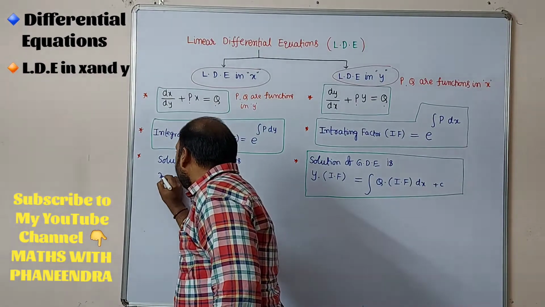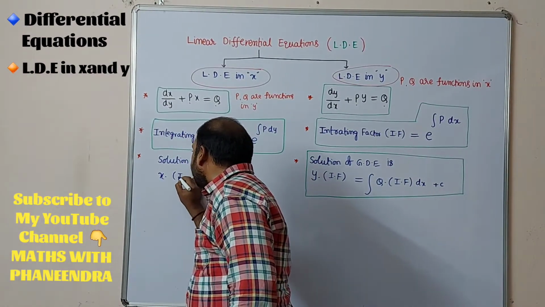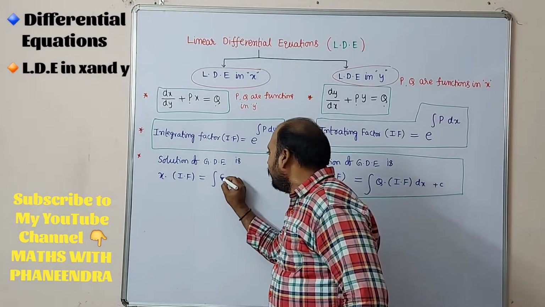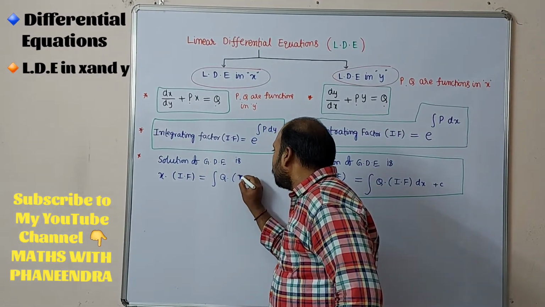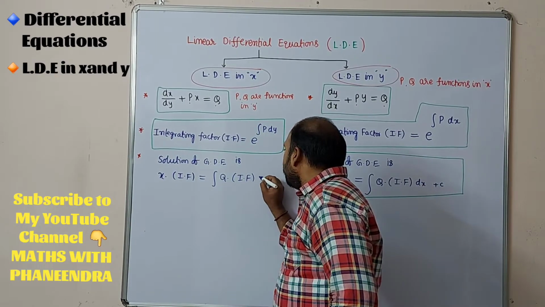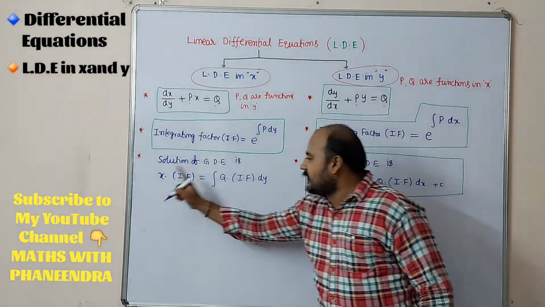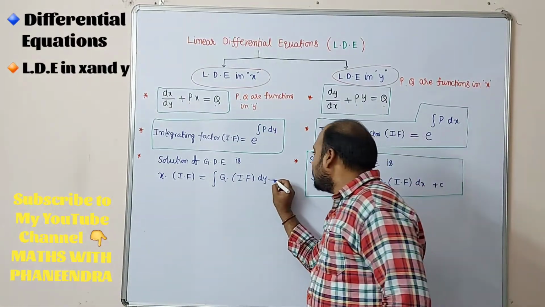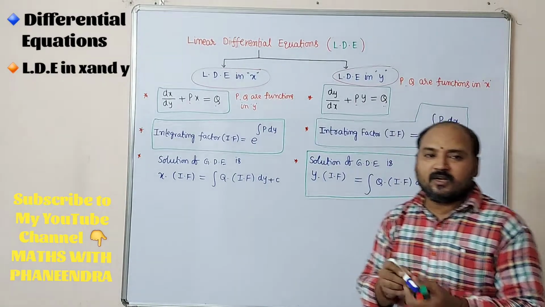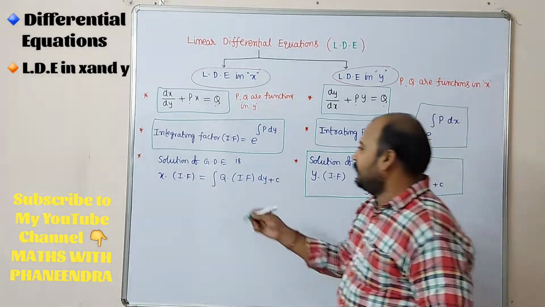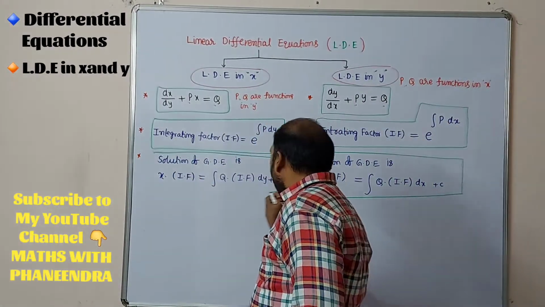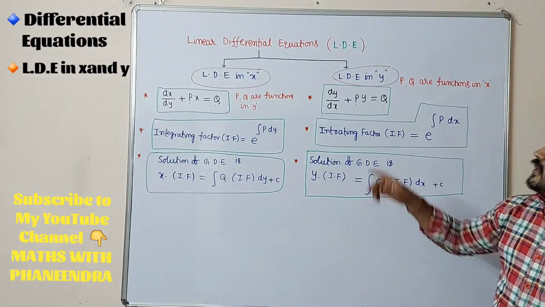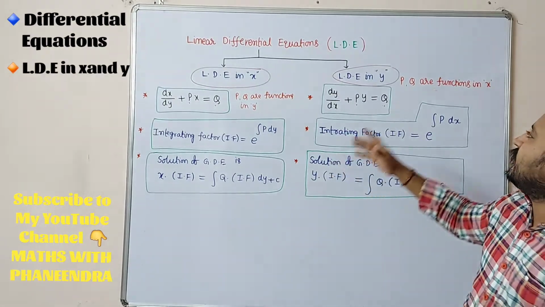So x into integrating factor is equal to integral Q into integrating factor into dy. Start with x, end with y. Start with y, end with x. After that, plus c. After integration, we put the integration constant. So this is the procedure to find the solutions of a linear differential equation in x and y.